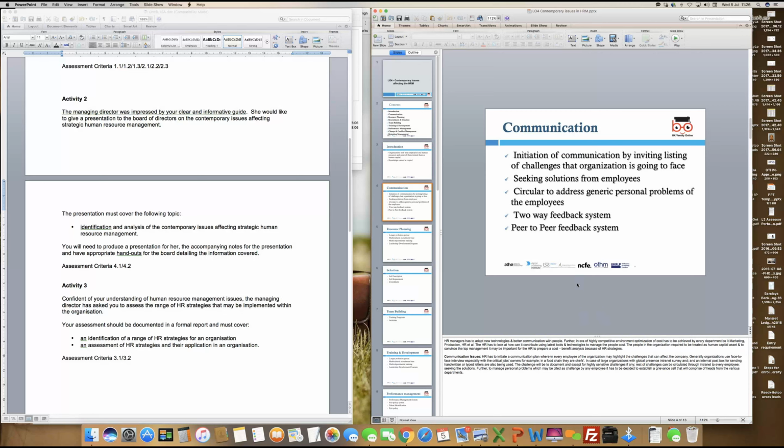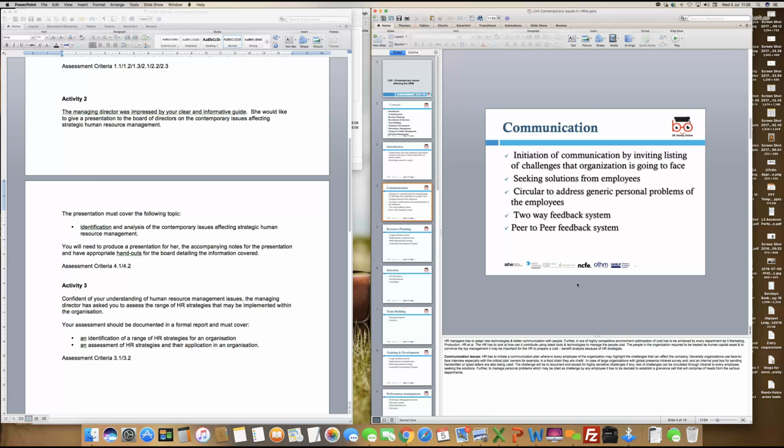Now, when we talk about certain issues which we classify as contemporary issues, one of the key issues that you get to see, because of which a lot of problems arise, is the issue of communication. People say something, but the other person might perceive something very different. He or she might look at it from a different understanding. In 9 out of 10 cases, if communication is not proper, open, or as required within the organization, it tends to create issues.